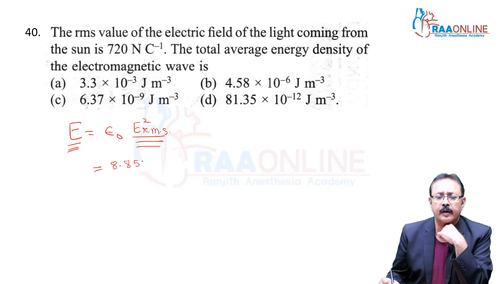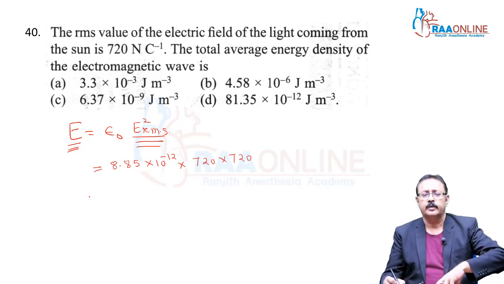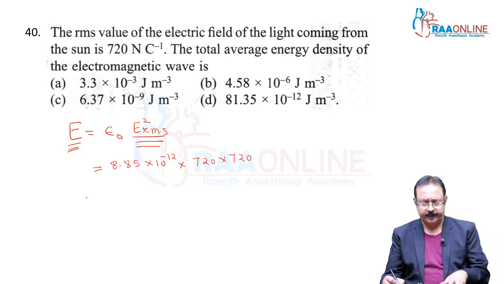Now in this problem we know the value of epsilon naught, what is it? 8.85 into 10 to the power minus 12. E RMS is directly given, 720. So 720 into 720. Since a simple calculator is allowed, we can use that.